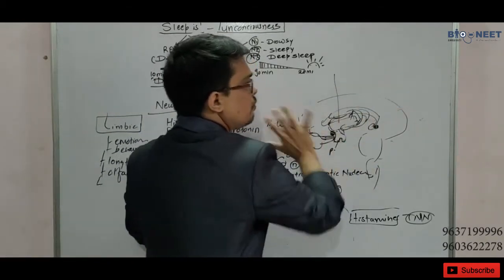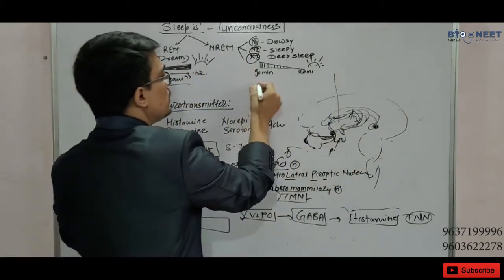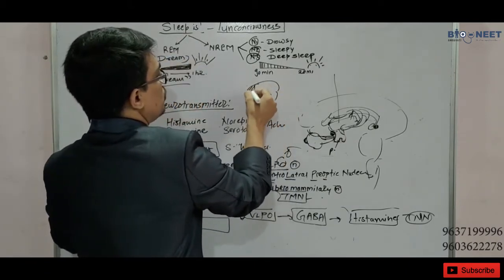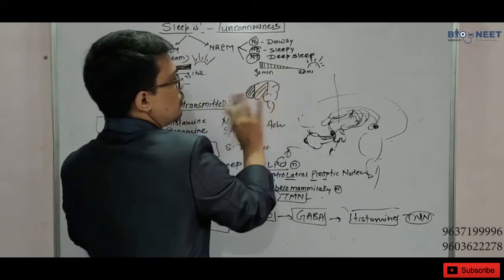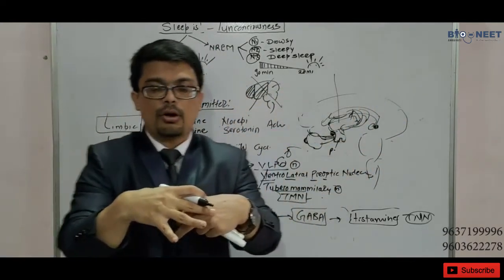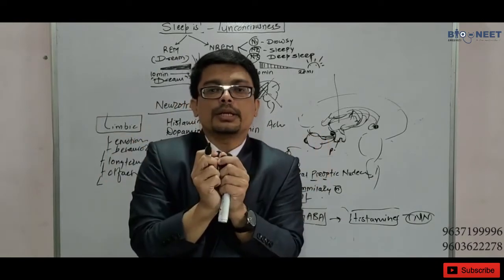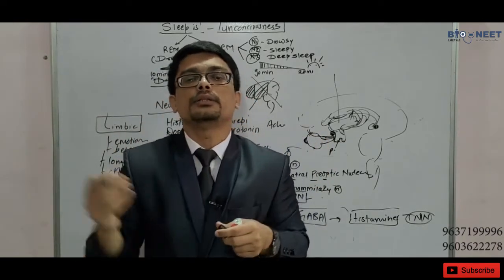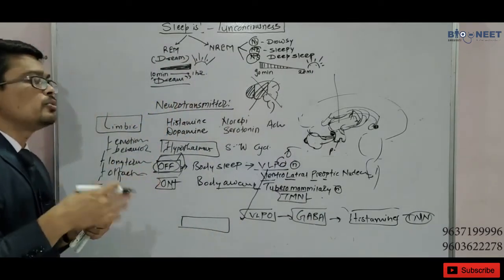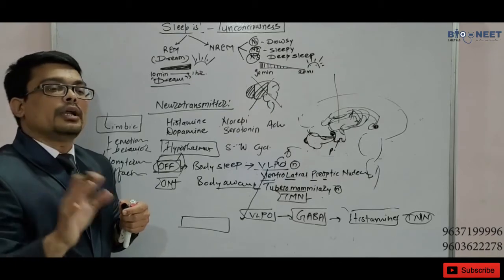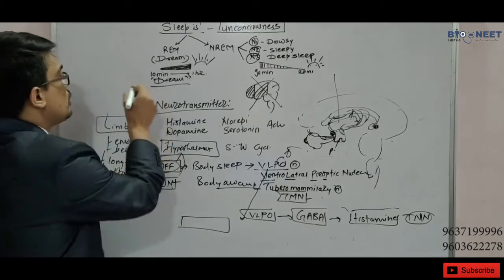People usually confuse this, but whatever is outside is all forebrain. Forebrain is called prosencephalon, midbrain is called mesencephalon, and hindbrain is called rhombencephalon, right?